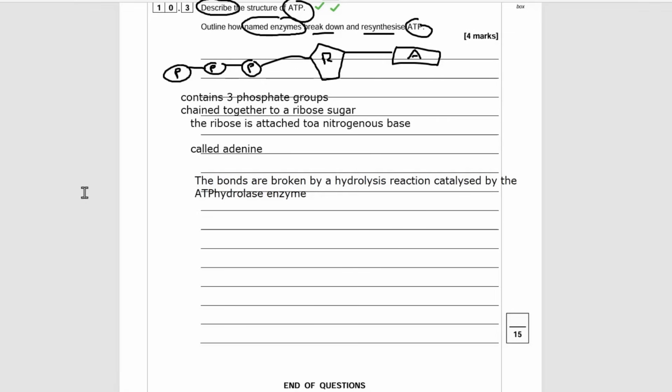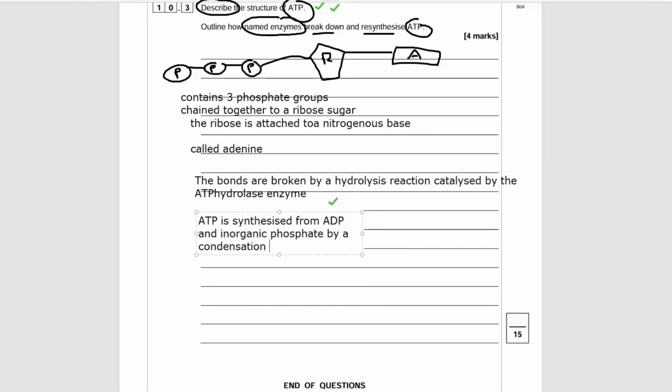So ATP hydrolase helps with hydrolysis, breaking bonds in biological molecules. It's going to turn ATP to ADP plus Pi, inorganic phosphate. And of course, ATP is synthesized with a condensation reaction using ADP and an inorganic phosphate, and that reaction is catalyzed by the enzyme ATP synthase. So you've got ATP synthase and you've got ATP hydrolase.